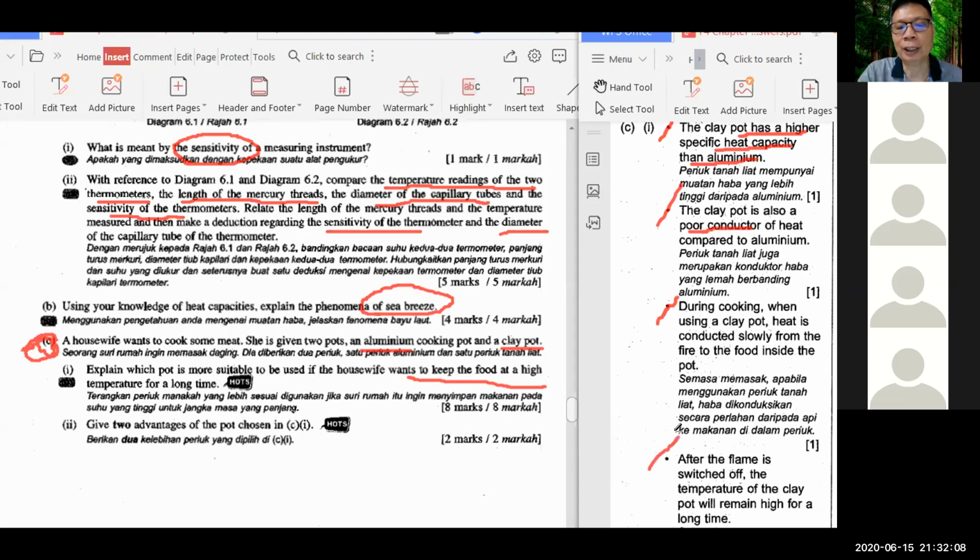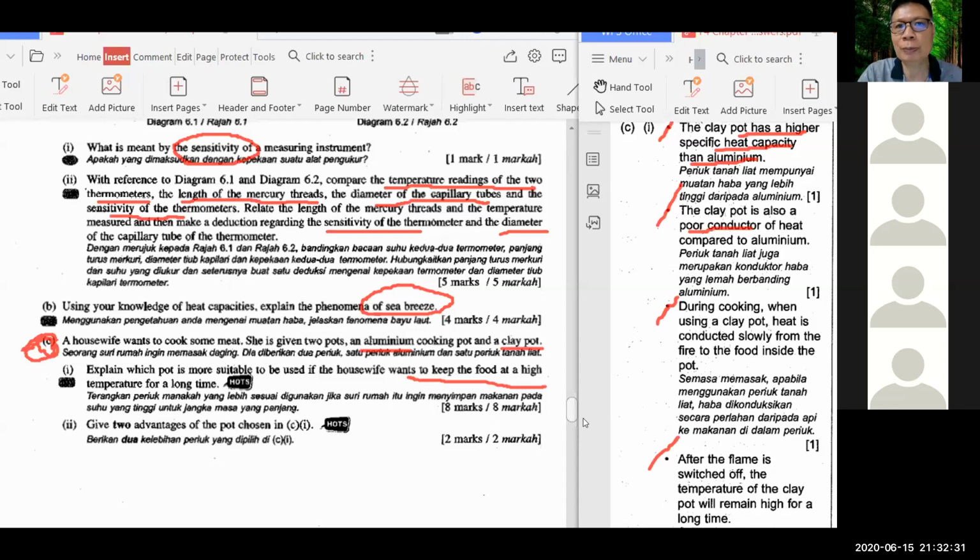After the flame is switched off, the temperature of the clay pot will remain high for a long time. This is very, very important. Clay pot can keep the high temperature. This is very good.